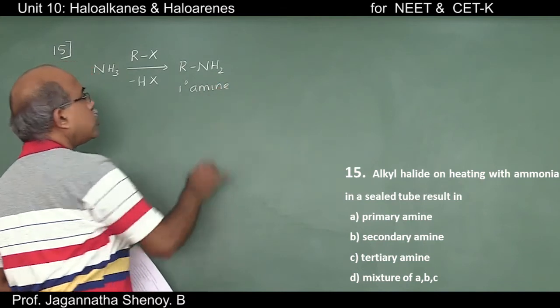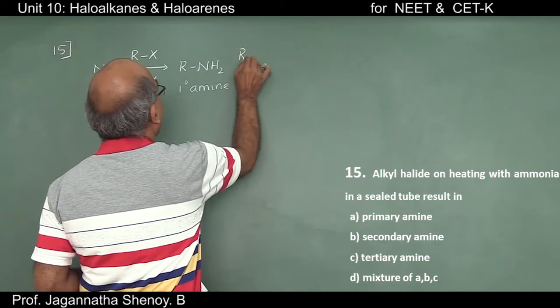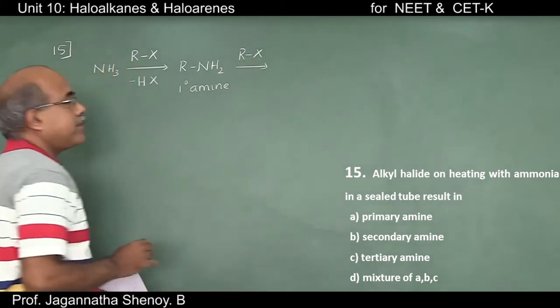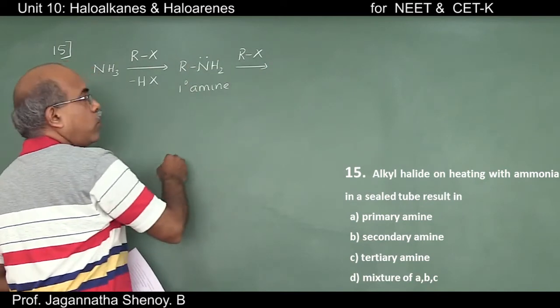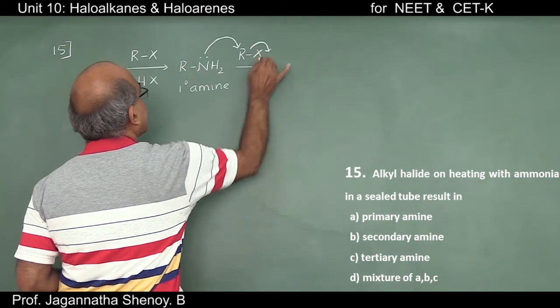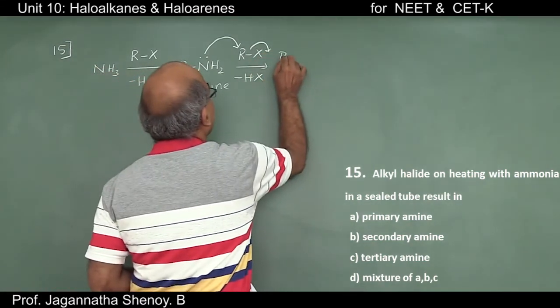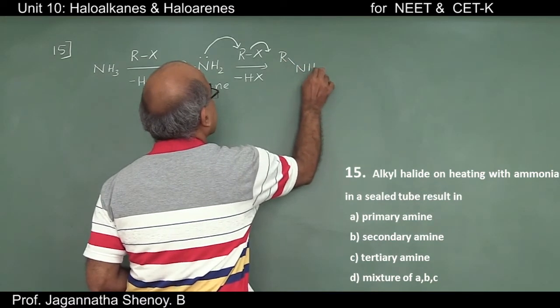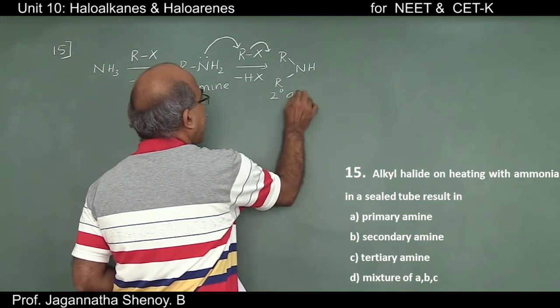The reaction does not stop. It will react with one more molecule of alkyl halide. On nitrogen you have a lone pair of electrons. Attack has to take place like this. Again a molecule of HX is removed. I will get a secondary amine.